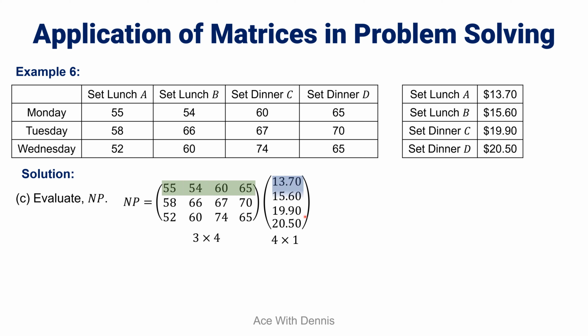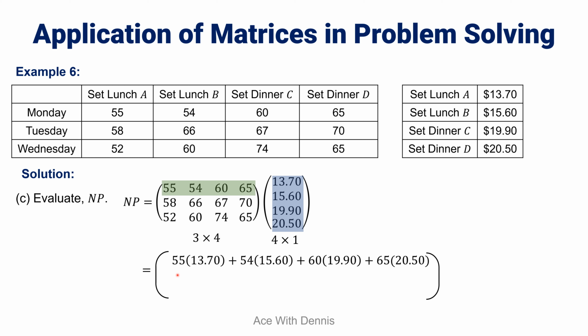So these elements multiply with these elements will have 55 times 30.7 plus 54 times 15.6 plus 60 times 90.9 plus 65 times 20.5. The next one, these elements multiply with this element will have 58 times 13.7 plus 66 times 50.6 plus 67 times 19.9 plus 70 times 20.5.